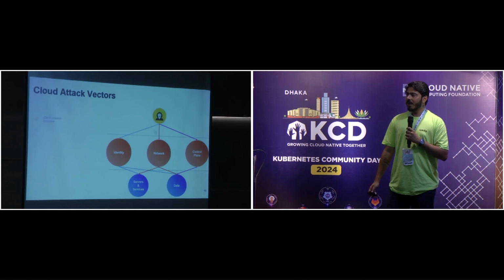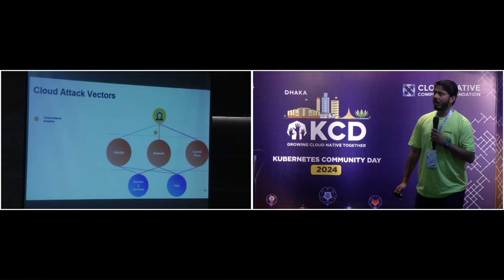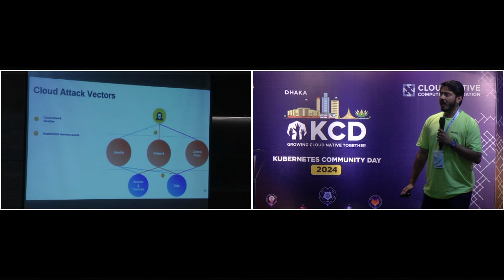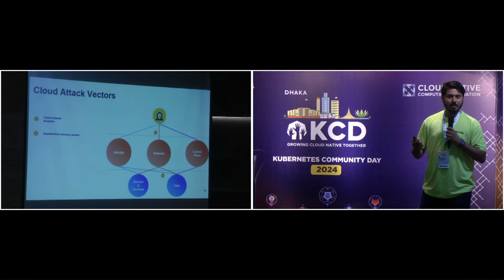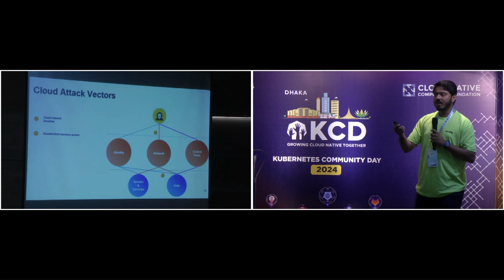So we can talk about a couple of attack vectors here, like cloud network breaches, unauthorized resource access. Most of these are self-explanatory. If you have been in any public cloud environment, you would understand what these are. Any attacker can just target your identity.